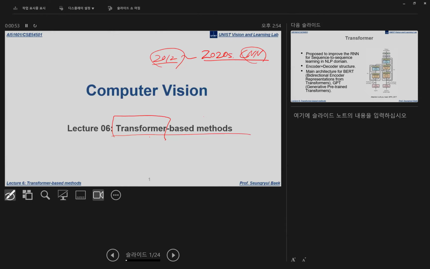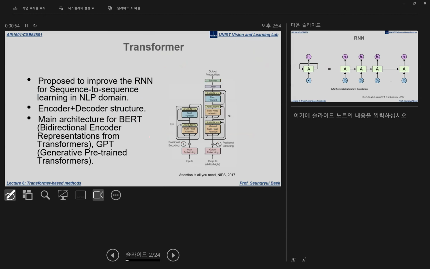Okay, it originally started from the natural language processing domain. In 2017, the first transformer architecture was proposed at the NeurIPS conference by Google researchers.